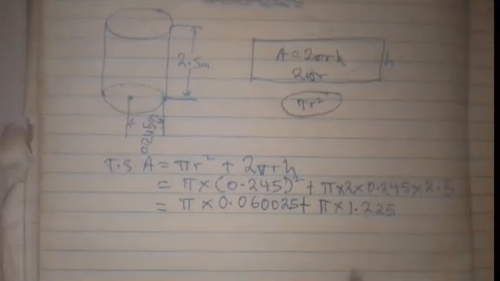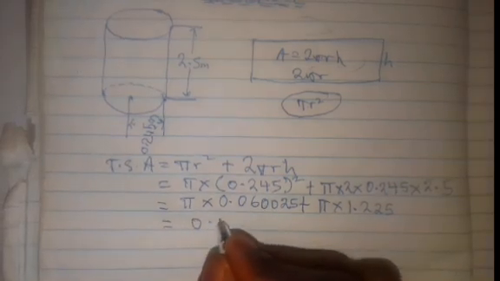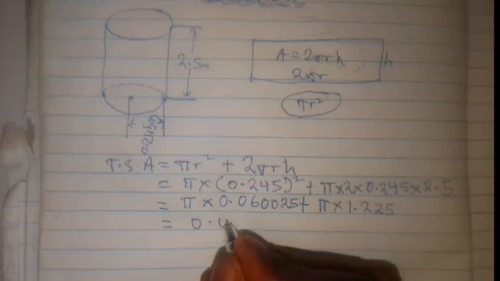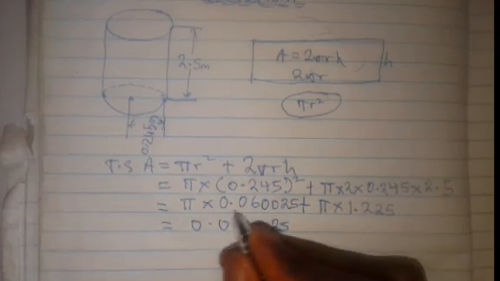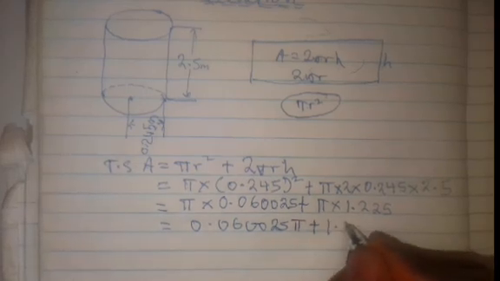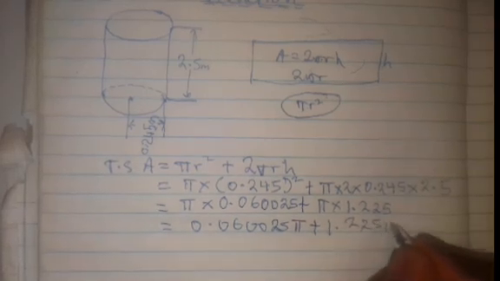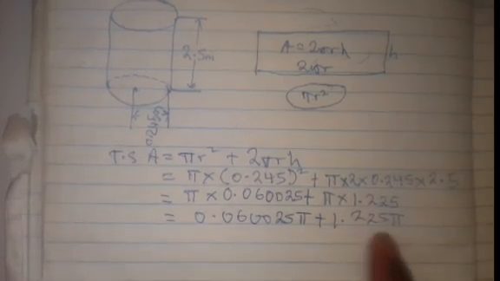Okay, so at this point now you notice that the result here will give us 0.060025 multiplied by pi, then plus 1.225 pi. So in this case we are going to add these two numbers together.